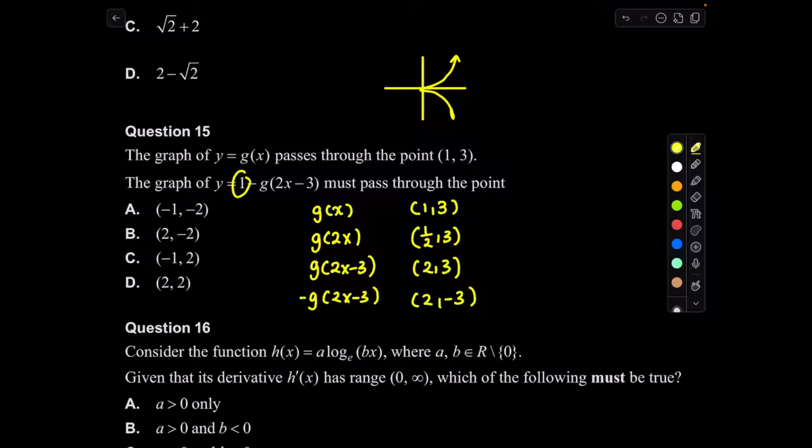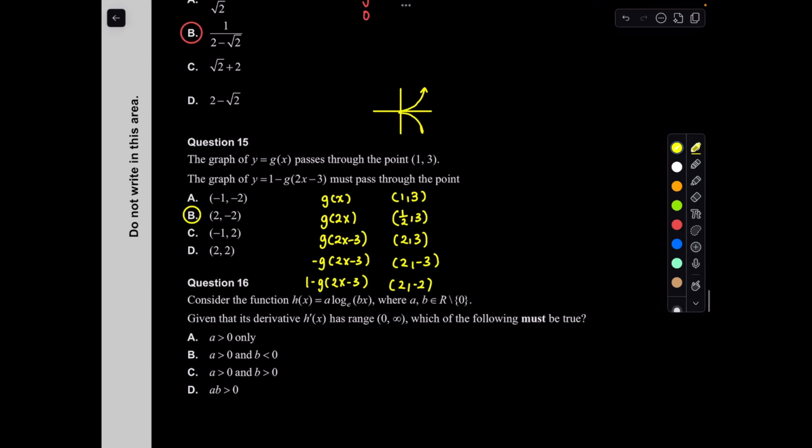And the next one is 1. This is a translation 1 unit up, and of course, only the y value gets translated up. So you can write 1 minus g of 2x minus 3. And so the x value will be 2. Negative 3 plus 1, because you translate it up, will be negative 2. So 2, negative 2, which in this case has to be B as our answer. Very, very beautiful. Love it, love it. This question's a beautiful question.